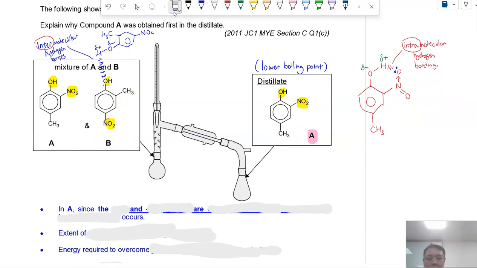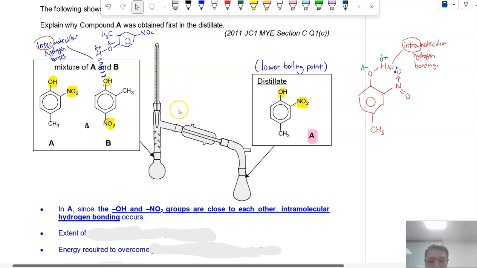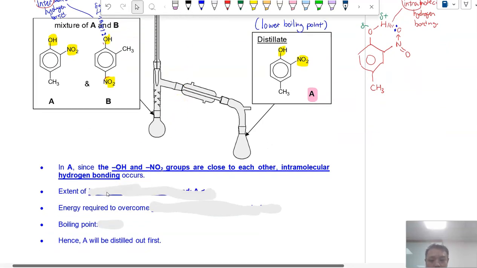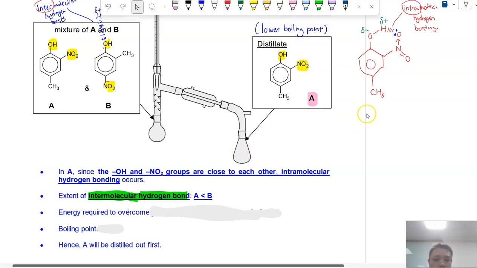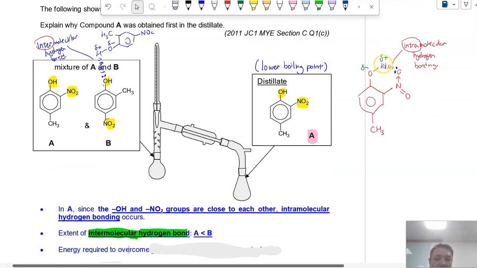Okay, so how do we phrase our answers? In A, the OH and NO2 groups are close to each other, so intramolecular hydrogen bonding happens. Notice the effect on the intermolecular hydrogen bonding. Again, for boiling point and melting point, we always look at intermolecular. If you have more intramolecular hydrogen bonding in A, you therefore have less intermolecular hydrogen bonding in A, because this H can no longer participate in a hydrogen bond with another molecule.